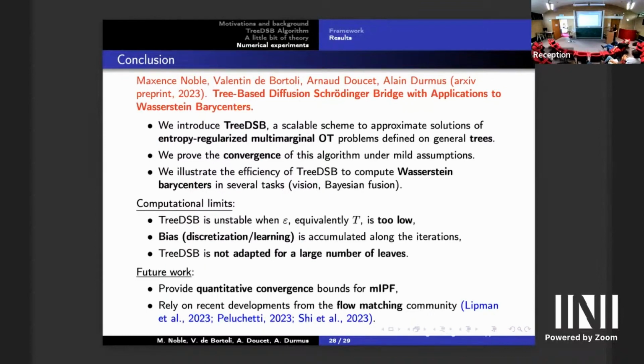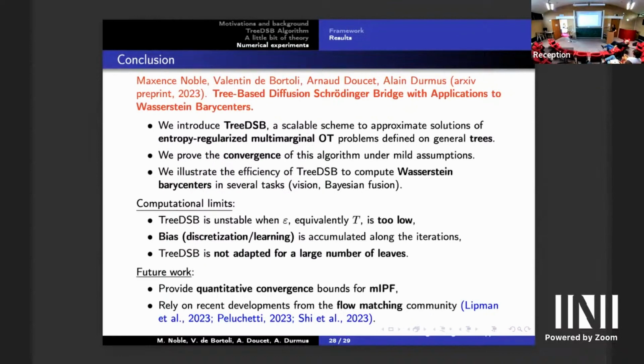Because in the diffusion Schrödinger Bridge problem, you only have 2 marginals, so 2 neural networks, and there is bias, but not as much as with 6 neural networks. So if you want something which is really clean, it may not be adapted.